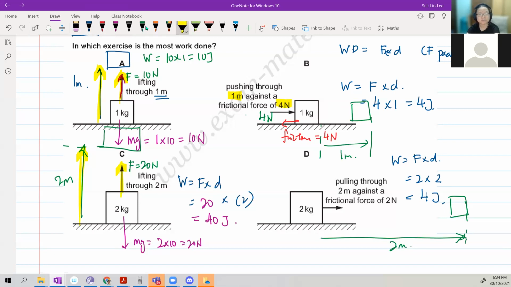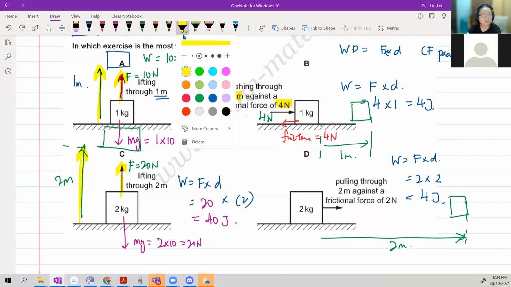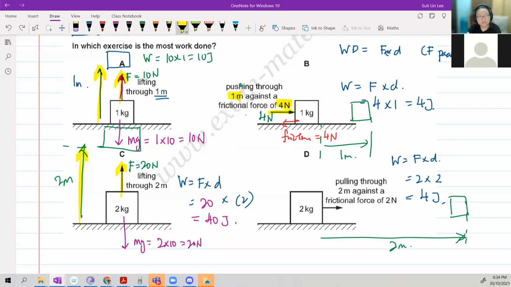So you can see that this force and this distance are parallel, 4 times 1. This force that is working against friction and this 2 meter are parallel, 2 times 2.